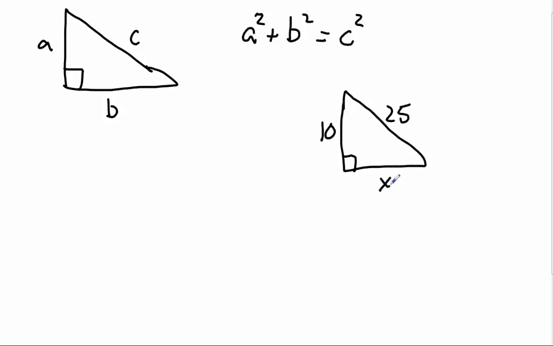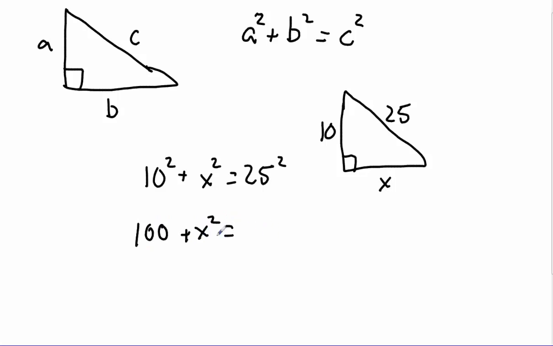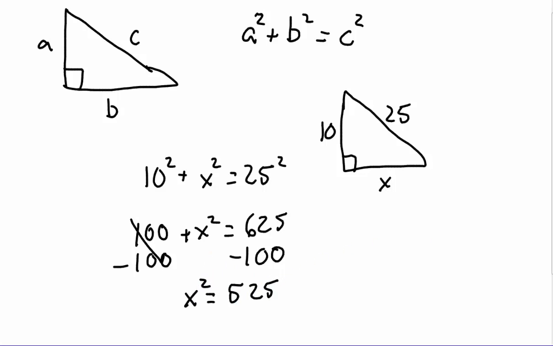Okay, since x is one of our legs, our equation is going to be 10 squared plus x squared equals 25 squared, or 100 plus x squared equals 625. Okay, we want to get x all by itself, so we subtract 100, and we get x squared is equal to 525.